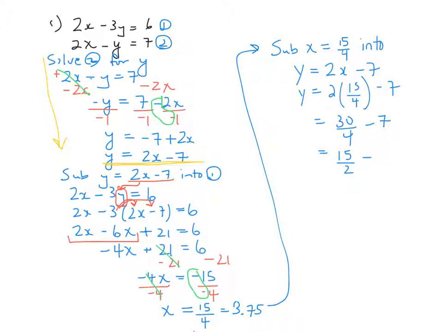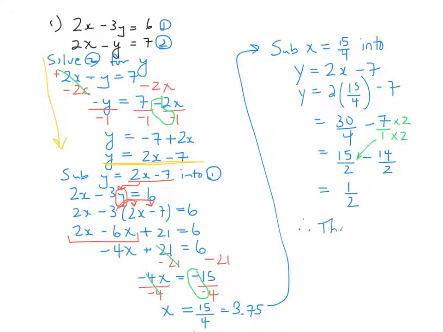7 over 1, but I'm going to need a common denominator of 2 so I can put it together with this. So I'm going to times by 2 on top and bottom, and I'm going to end up with a 14 over 2. And then if I have 15 take away 14, that's 1 over 2. So now I have my solution.